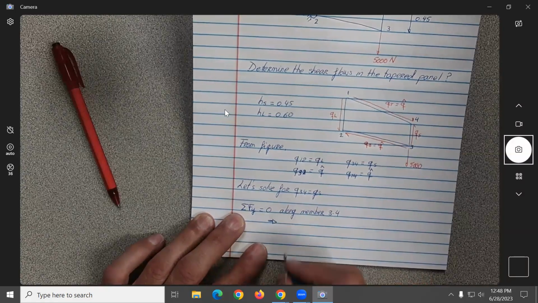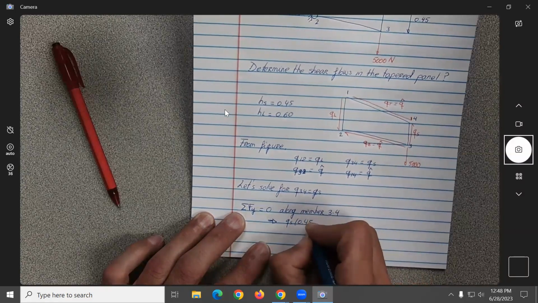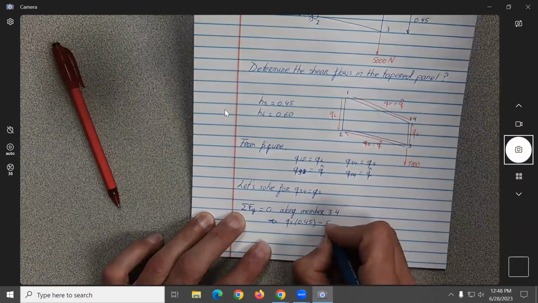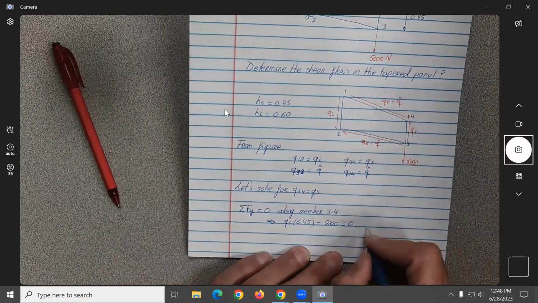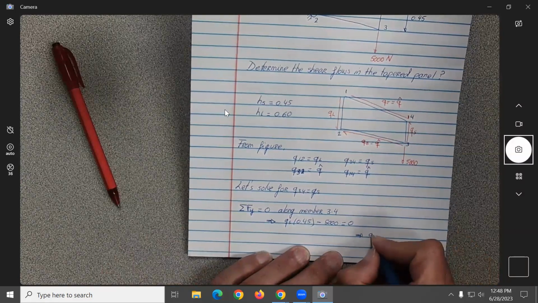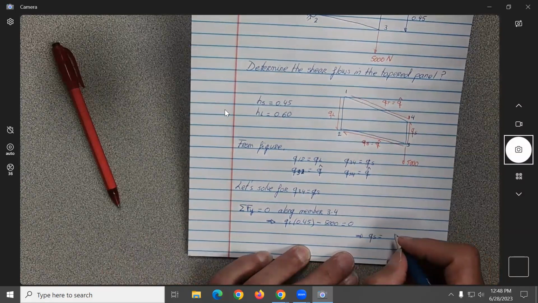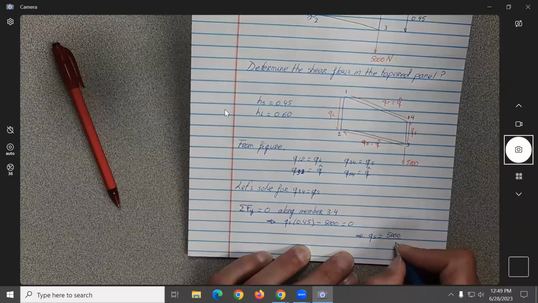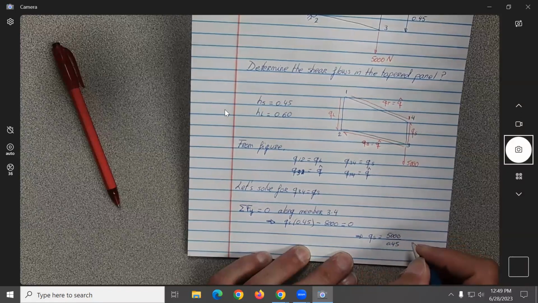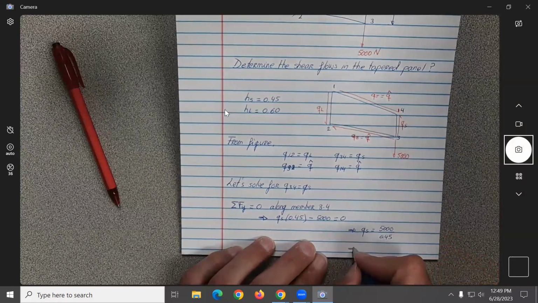We will get Q sub S times 0.45 minus 5,000 equal to 0, which means that Q short will be equal to 5,000 divided by 0.45, which I have no idea.